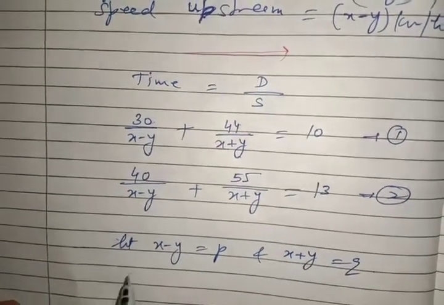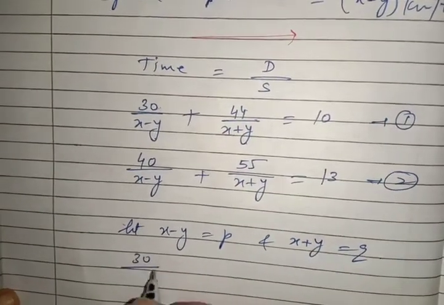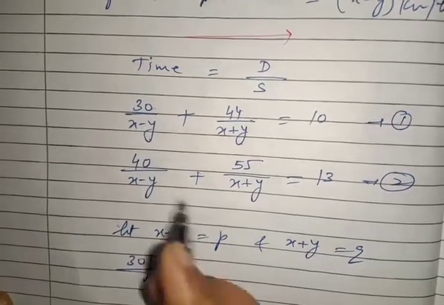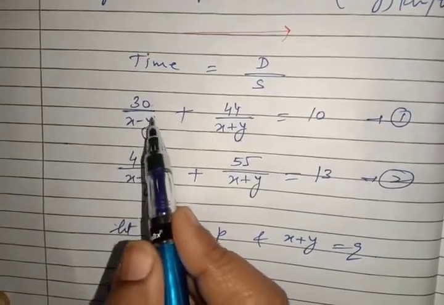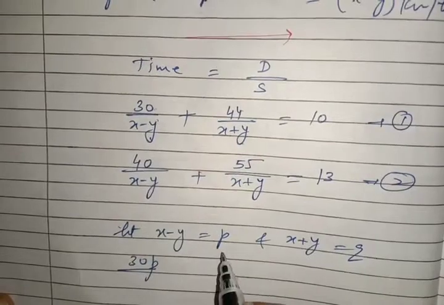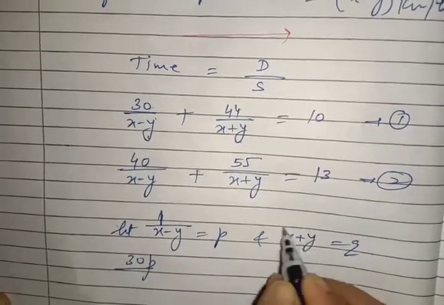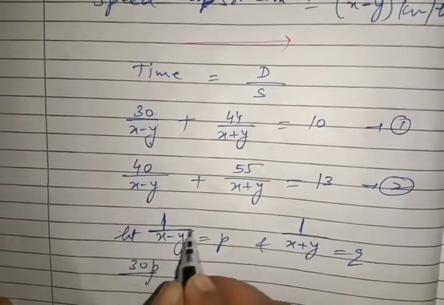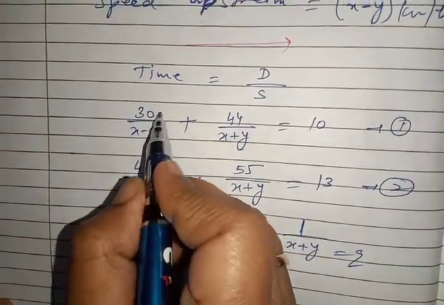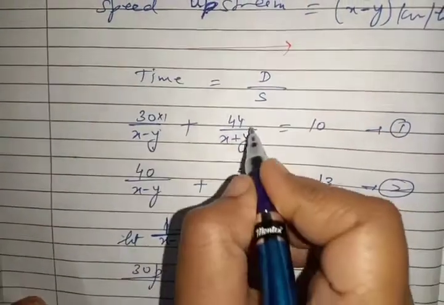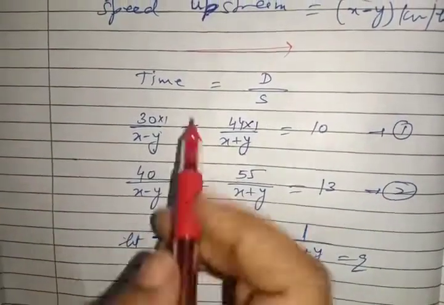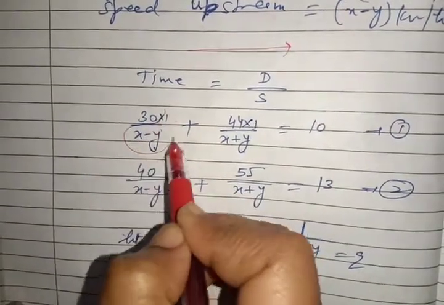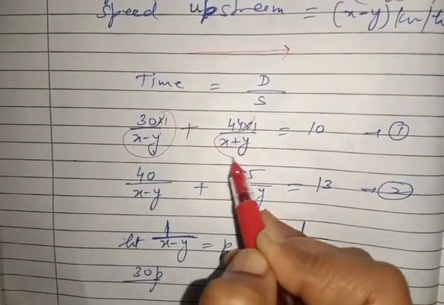So you can write, we will consider this as 1 upon x minus y, this whole, and 1 upon x plus y, this whole.